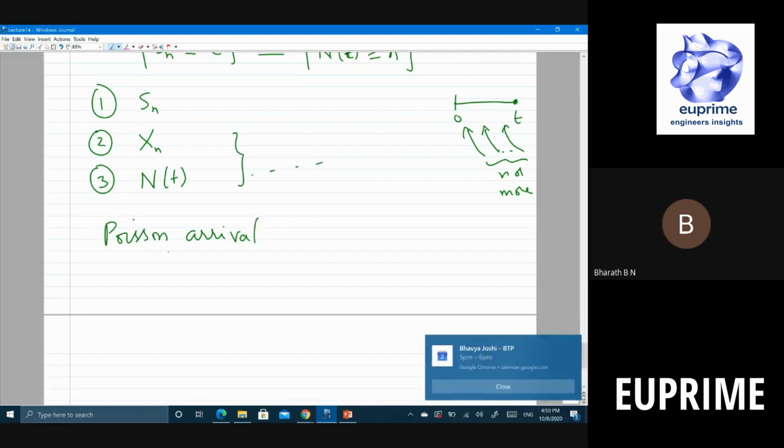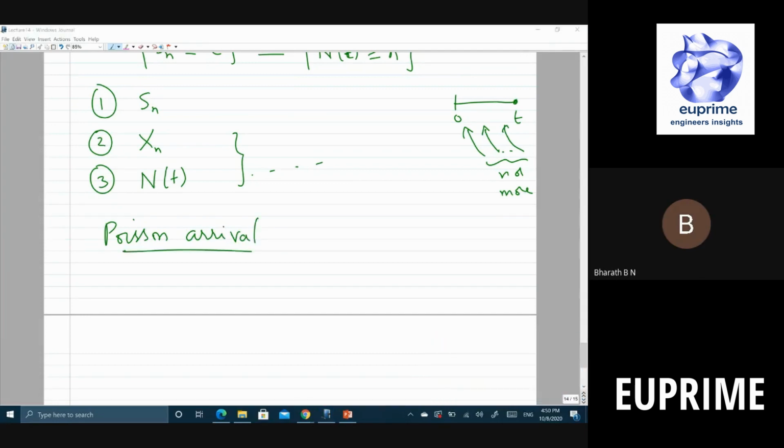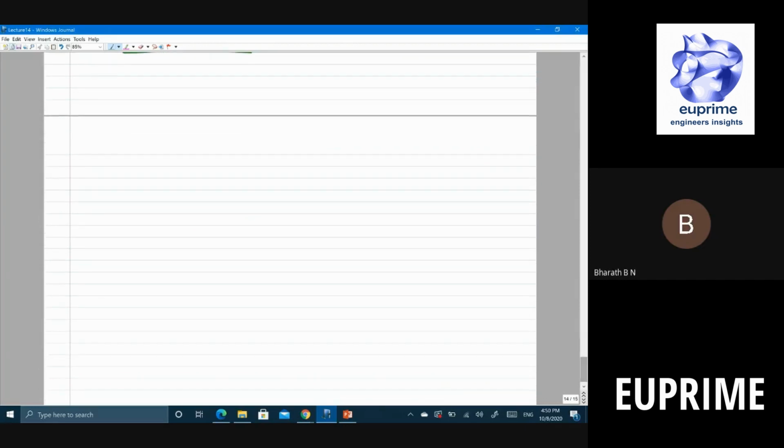We will try to understand what is Poisson arrival. Towards this, let's first look at the definition of what is known as a renewal process. This is something that we will look at in some detail later on.